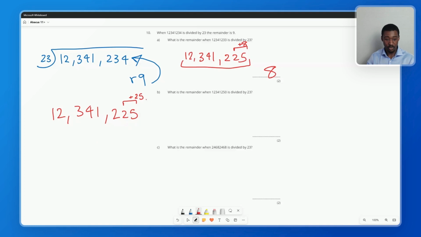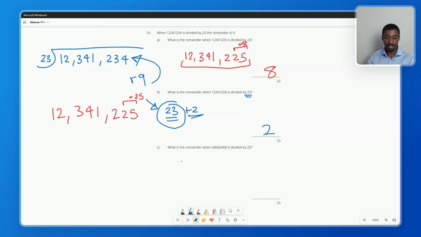So in this case, if it's 25 more, then we're going to get one more whole 23 in there, because 25 is 23 plus 2. So if we divide it, we're going to get one more whole 23, but then we're going to be left with 2. So the remainder is going to be that 2 we're left over with. So the answer is 2.